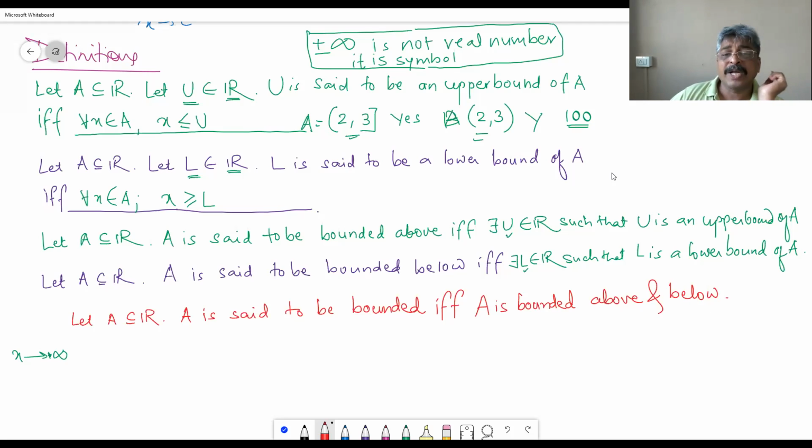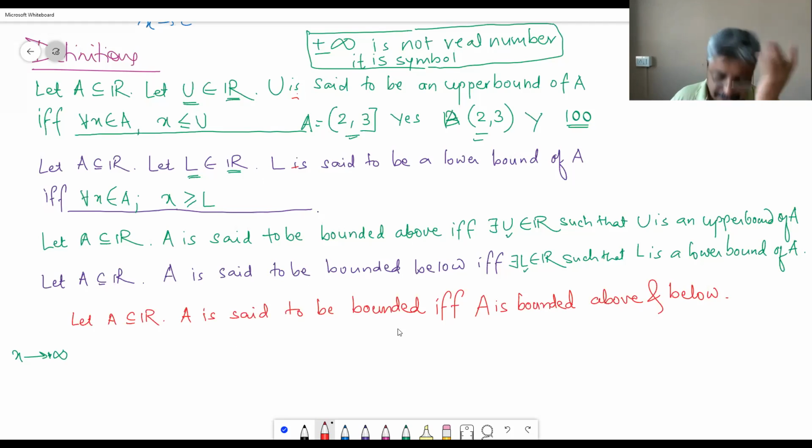Simple. Look at the elegance of these definitions. First, we define only upper bound, similarly only lower bound. Then we defined a set which is bounded above using U, and a set which is bounded below using L. Now using both these two definitions, bounded above and bounded below, we said set A is said to be bounded.